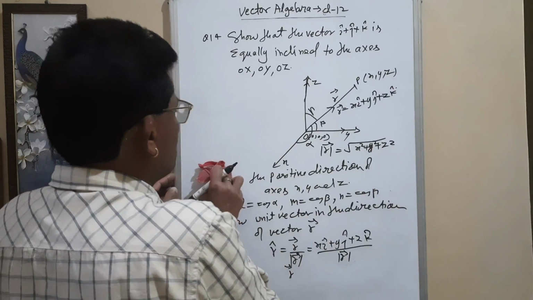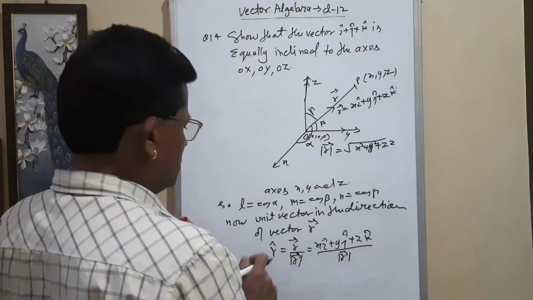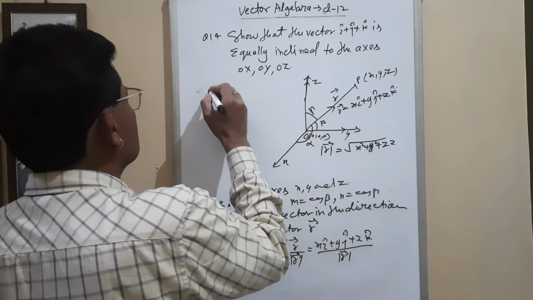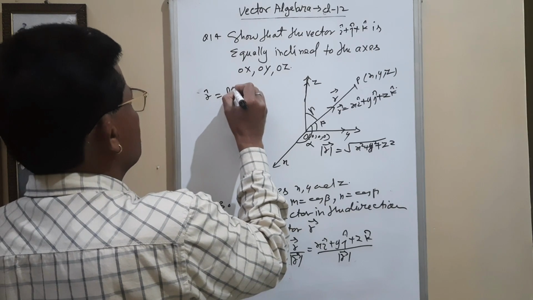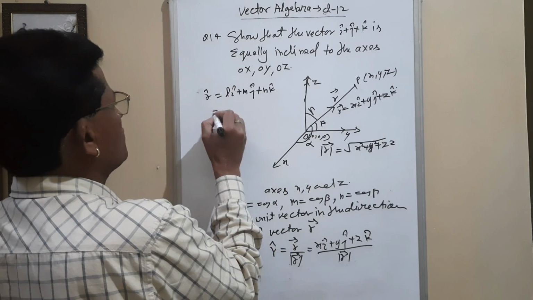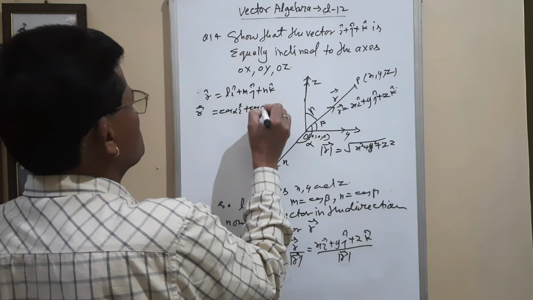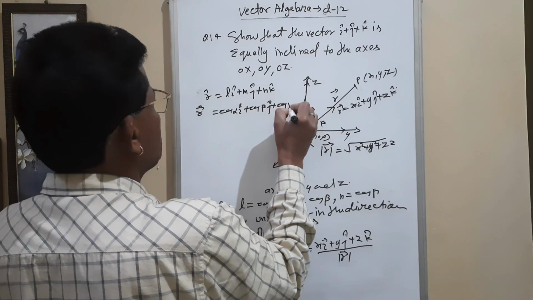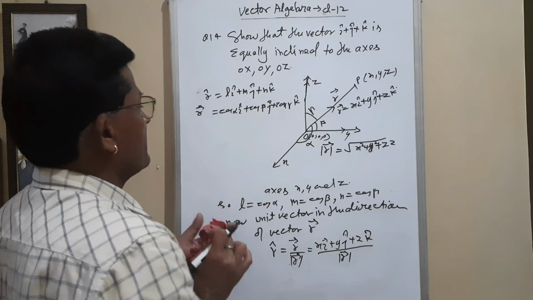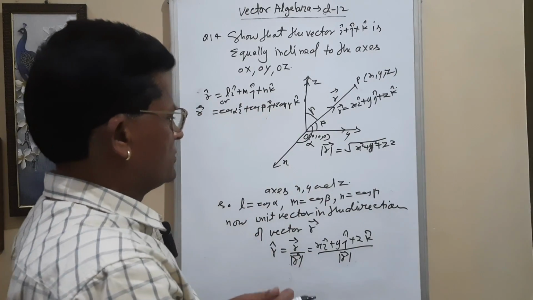You see this thing, because the unit vector will be equal to Li plus Mj plus Nk, or you can write it as cos alpha i plus cos beta j plus cos gamma k. You must keep in mind either this one or this one. Then only can you find the solution of the question.